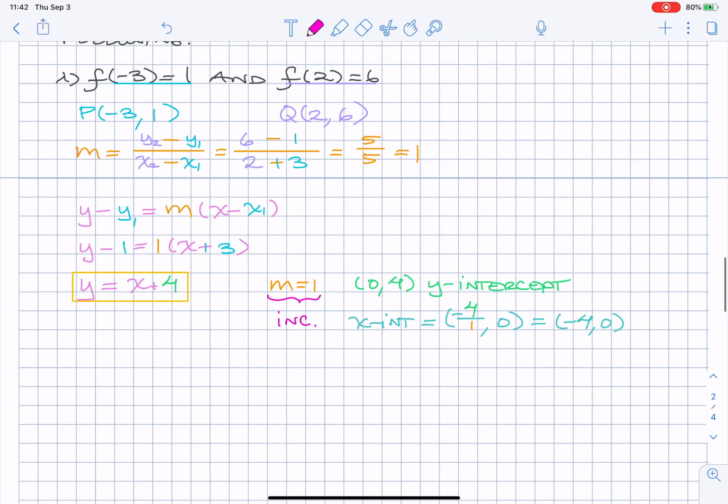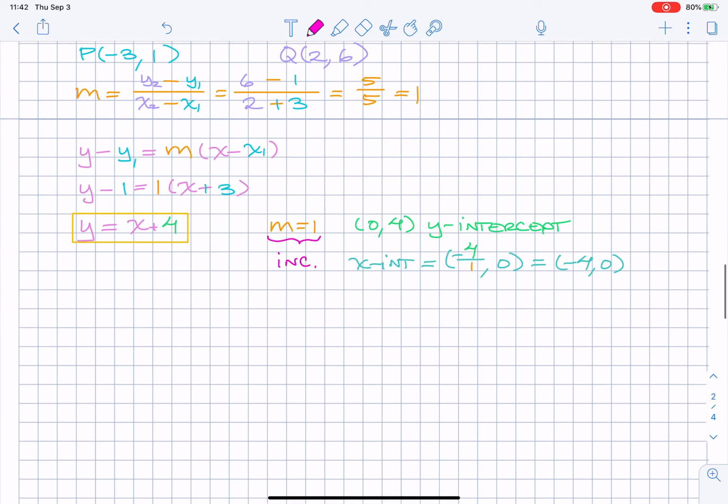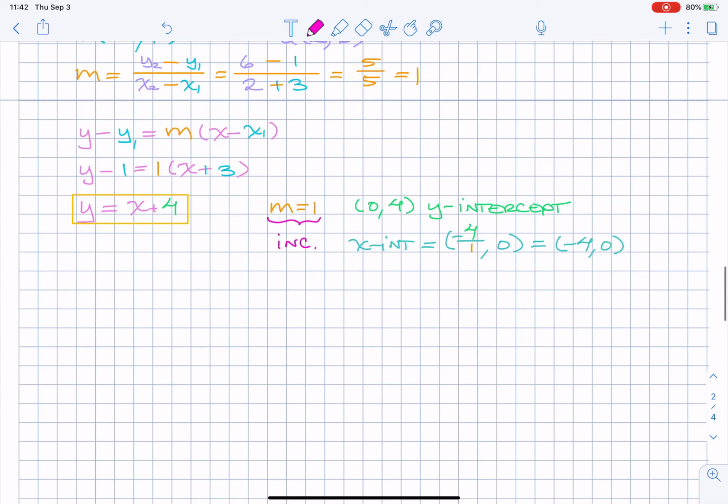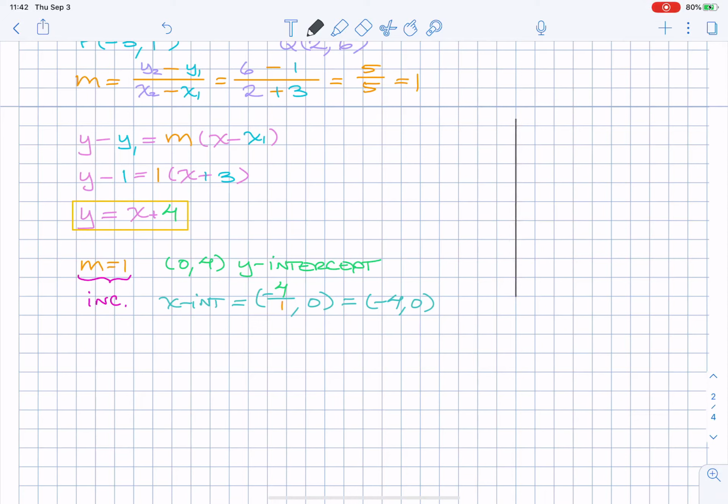In fact, should we plot it? We could plot it if we want. So if I were to plot this, where shall I plot it? Let me put this down here. So my y-intercept is 4 and my slope is 1. So that's fairly simple.